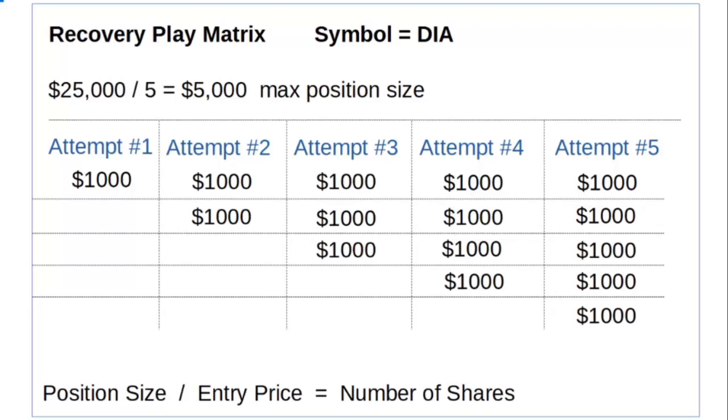Now, in this particular example, because you're going to be diversifying across multiple symbols, and we very well could get multiple attempts on each one, things will average out. So in other words, your stop doesn't always have to be the same on every trade you take, right?